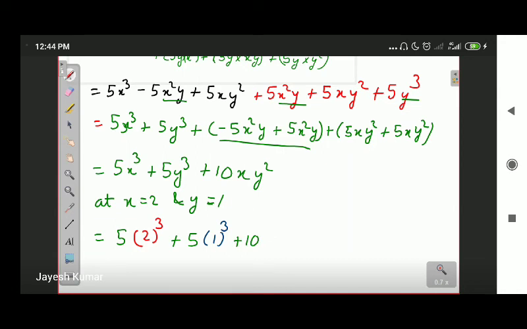Once again, in place of x it is 2, and in place of y it is 1. So we multiply the numbers. 2 cube is 8, 8 into 5 is 40, plus 1 cube is 1, 1 into 5 is 5, plus 2 into 1 into 10 is 20. So the final answer is 65.